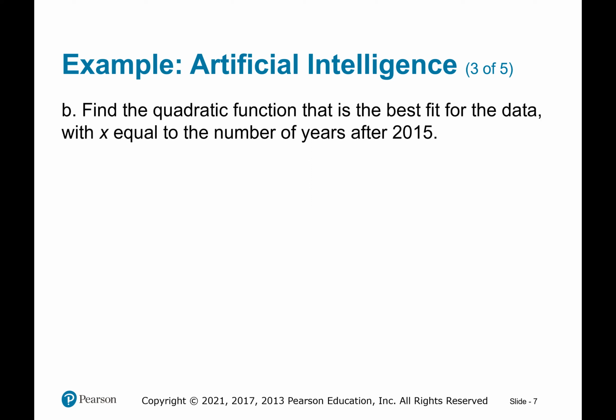You go to your Y variables by arrowing to the right. Number 1 is function. So you hit enter and you're going to store that in Y1. When it calculates this quadratic regression, it's going to store that regression equation in our Y1. So let's calculate, shall we?